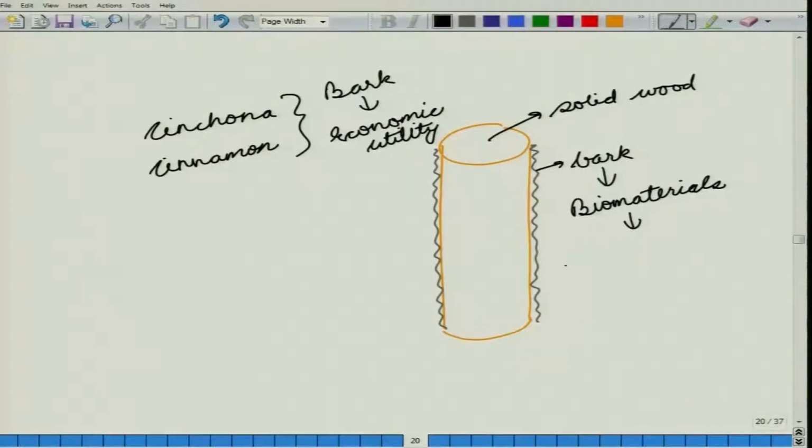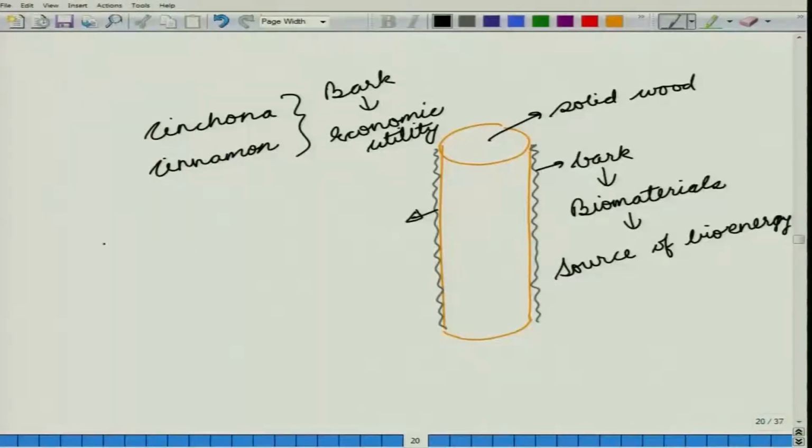So, this might be used as a source of bioenergy. What we mean in that case is that we can take this bark out, which is a byproduct of the timber production, we can chop it up, then convert it into blocks, and those blocks can be used for heating purposes. So, they can be used as sources of bioenergy.